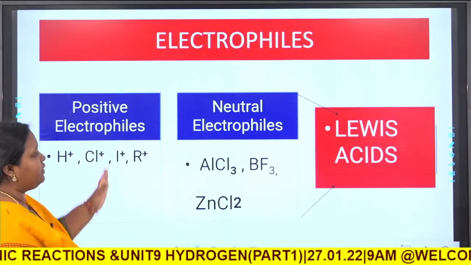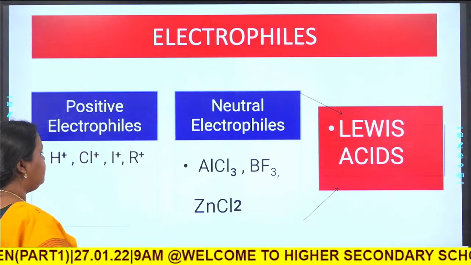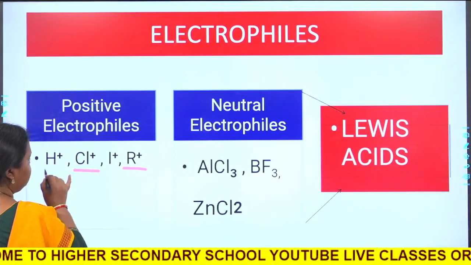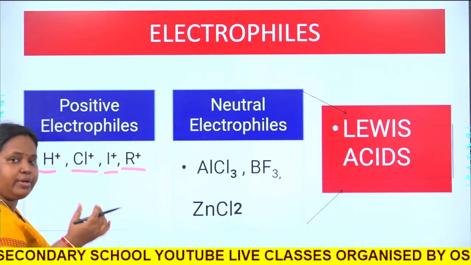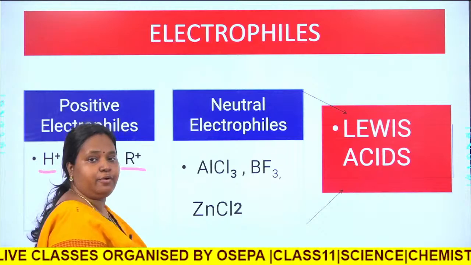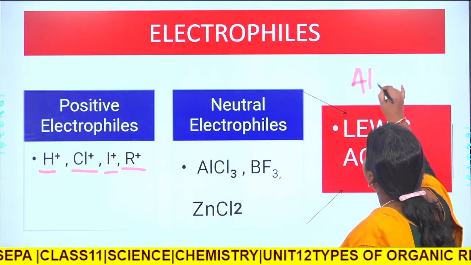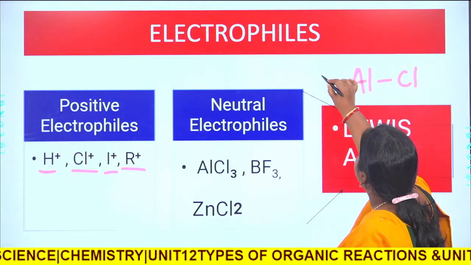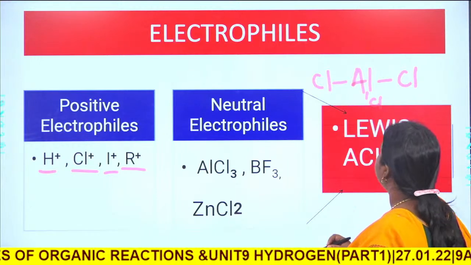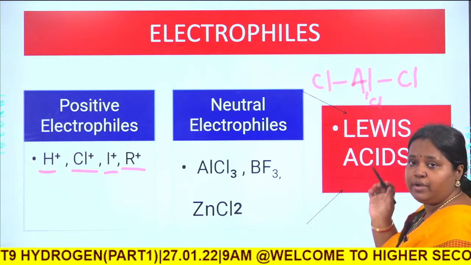So electrophiles are divided into two types, positive electrophile and neutral electrophile. See, these are positively charged, so they have affinity to gain electron. Similarly for neutral electrophile, mark here aluminum chloride AlCl3. Aluminum is forming 3 bonds with 3 chlorine atoms.